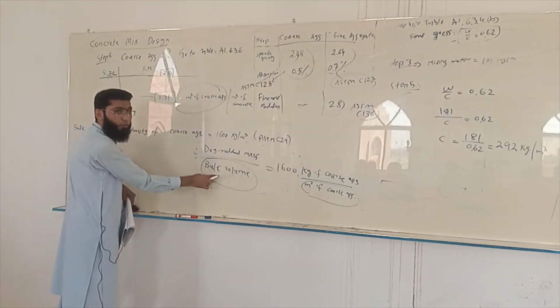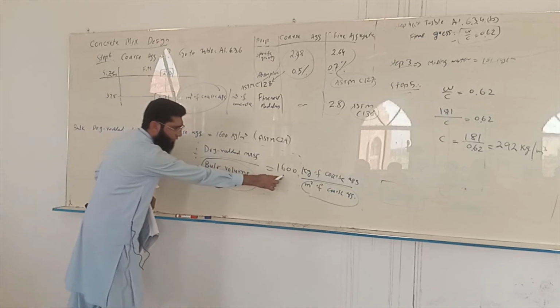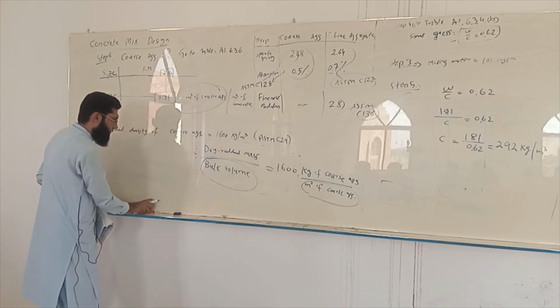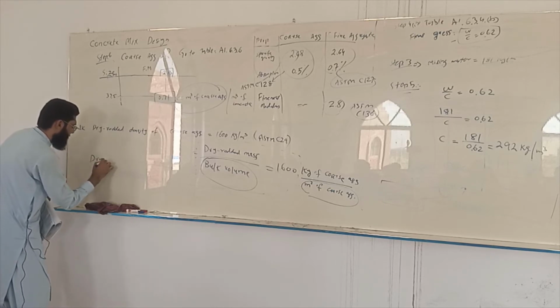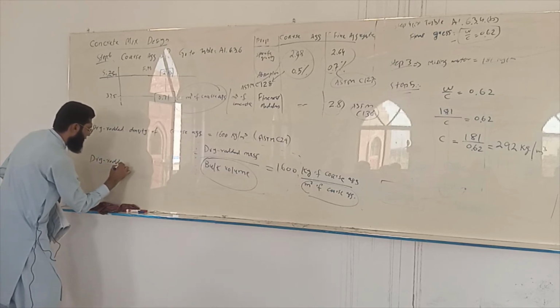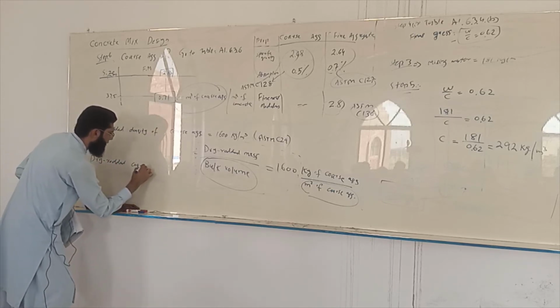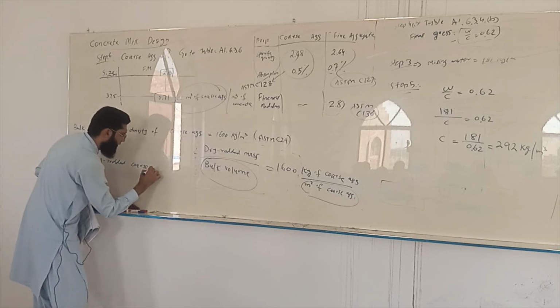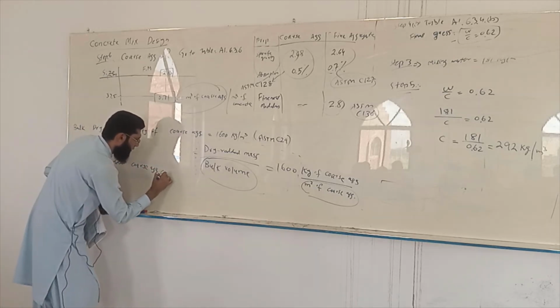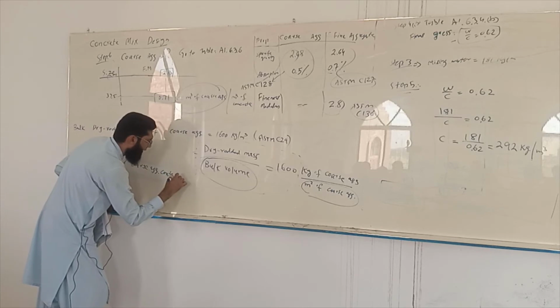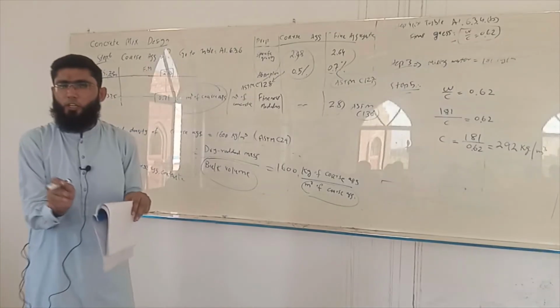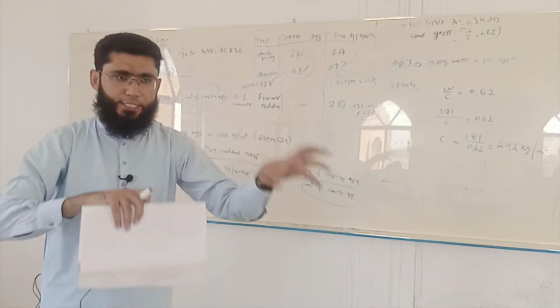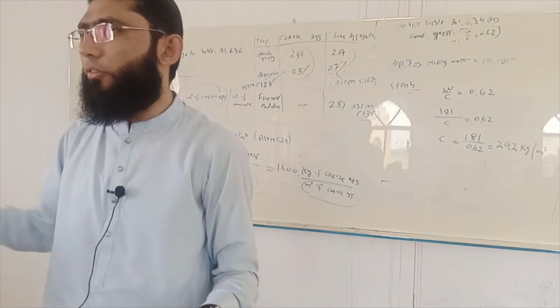You know this term bulk volume. So it is 0.71. This is 1600. So what do you get? So the dry rod coarse aggregate content, I would say. Content, when I say content of aggregate, water or cement, I usually refer to the kgs of that material per meter cube of concrete.